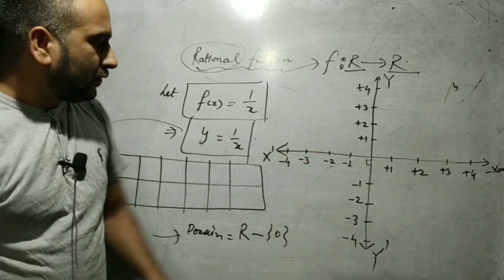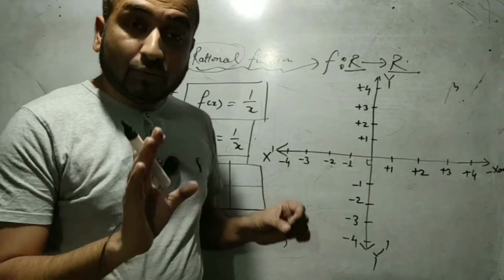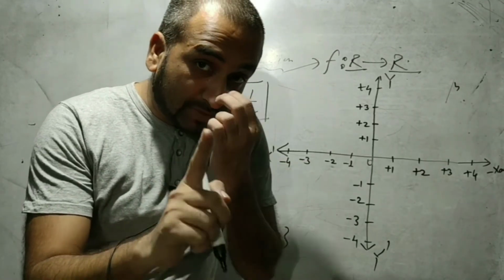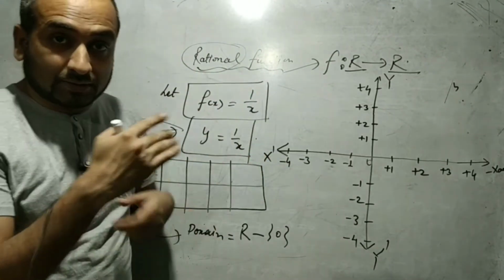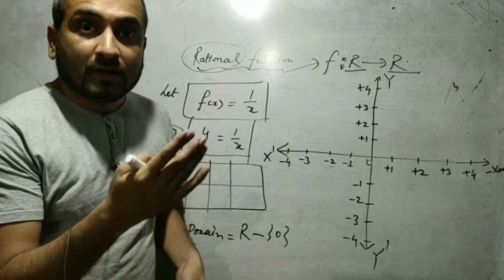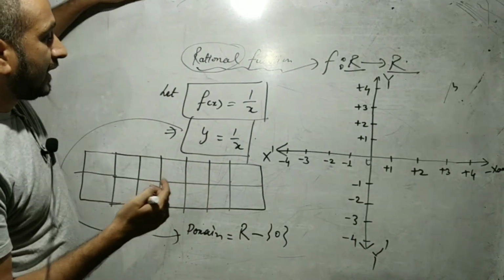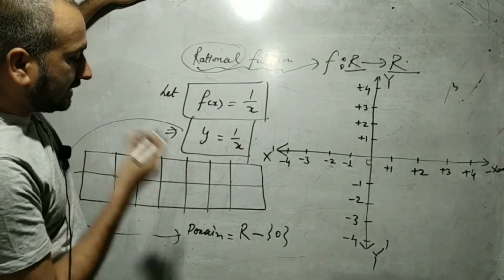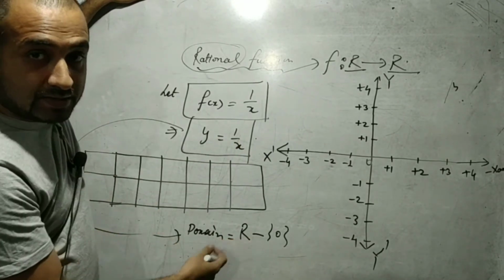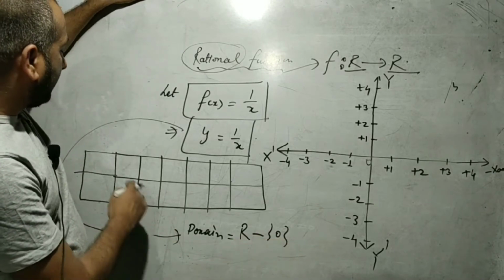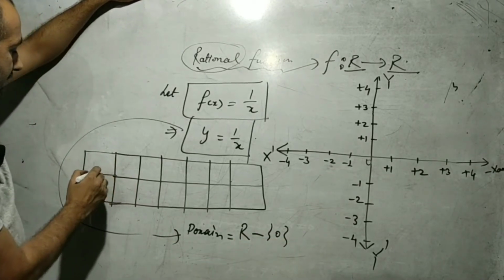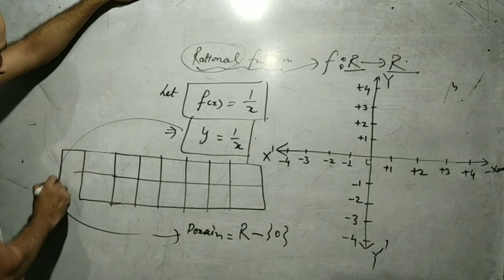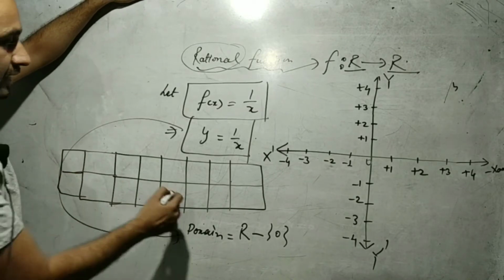Is it clear? So students, you cannot put 0 in place of x because of the definition of the rational function. The denominator never will be equal to 0, so the domain is real numbers minus 0. I will increase this box here, I will take many digits.